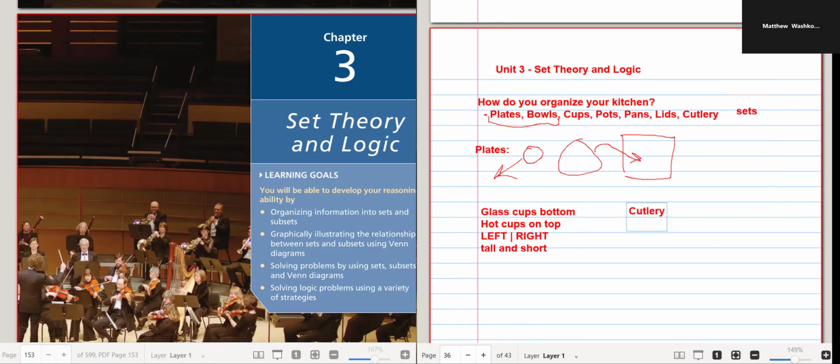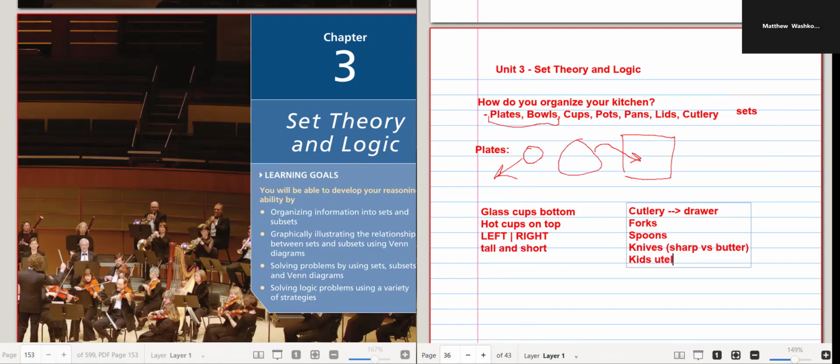If you look at cutlery, for example, you put it all into a drawer, right? But you probably put the forks in their own little compartments, the spoons in their own compartment, the knives. What if it's sharp? What if it's a butter knife? What if it's kids' utensils? What do you do with those? So there's further and further set theory and logic here with how you do this.